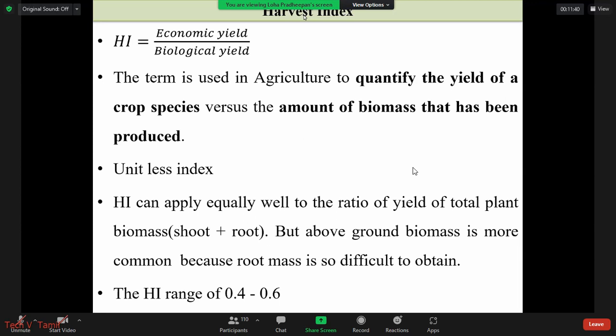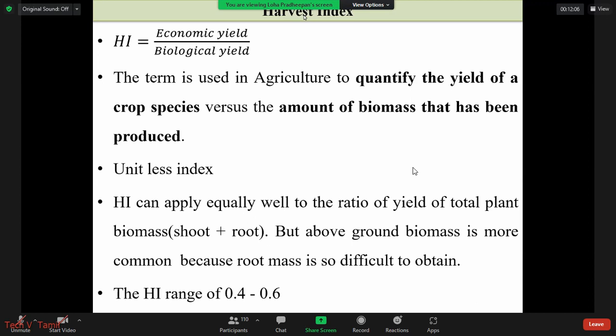Lower than 1. Why? Because the economical yield is only a part of the plant. But for the biological yield, we take the whole plant, the full plant. So the biological yield is the bigger one. The economical yield is a part of the biological yield.